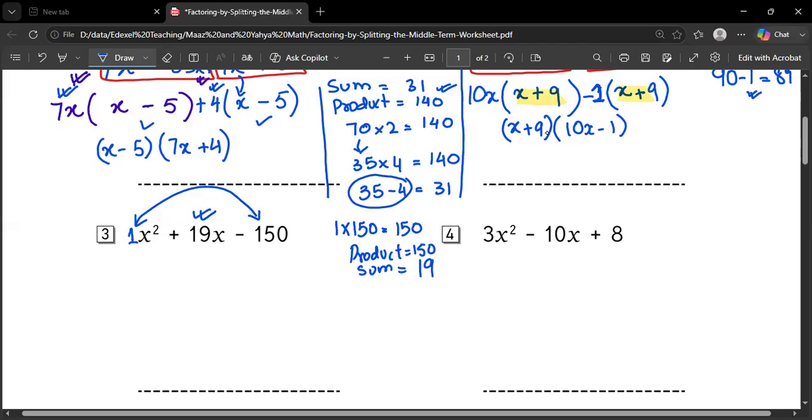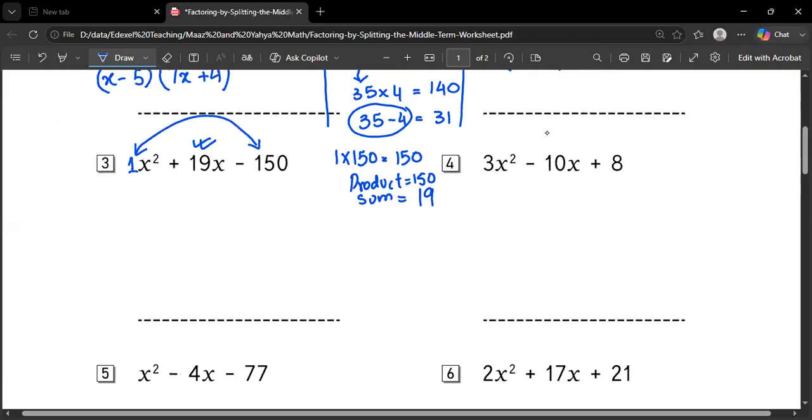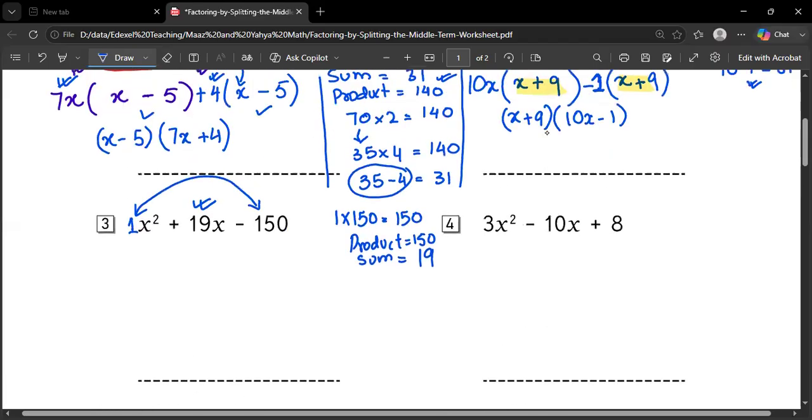25 times minus 6, right? To find the middle one. No, sorry, 25 times 6 to find negative 150, and then 25 minus 6 to find the middle one. 25 minus 6 is going to be 19 as well. Wonderful, good.